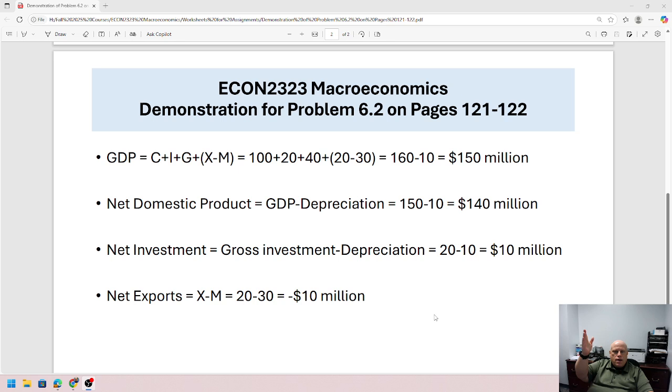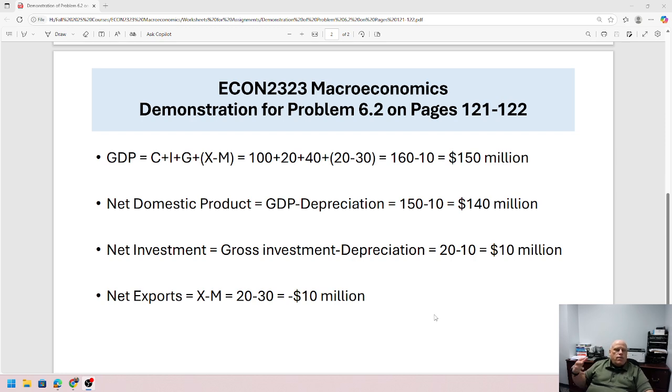So it's 20 minus 10, which in this example would give you a value of $10 million. Okay, so the net investment will be 10 million.